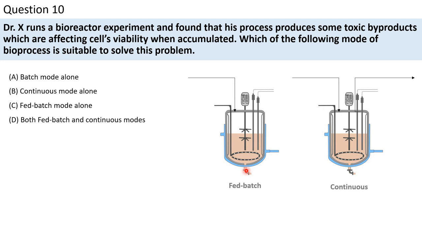Say, for example, your intended product is product X. But as the substrate is available in surplus, all the other byproduct metabolic pathways will also be activated, which will lead to byproduct formation, and hence the yield of your product will be reduced. Whatever byproducts are present will be affecting the cell's viability as well.